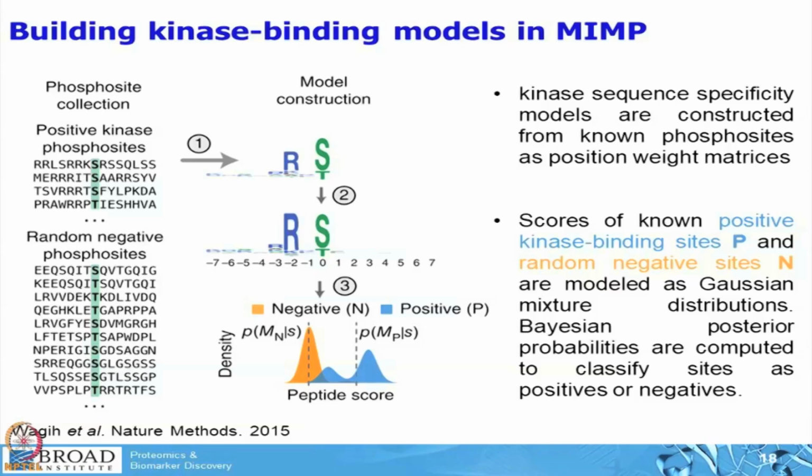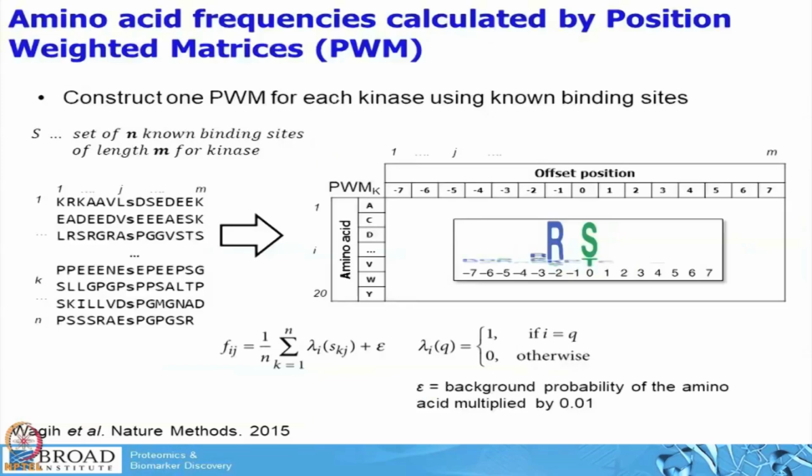Then you construct your model, and you use a Bayesian approach to determine whether your phosphosite that you are interested in comes from a negative distribution or from the positive distribution. Mani was talking about mixture modeling yesterday, and this is a related approach here.